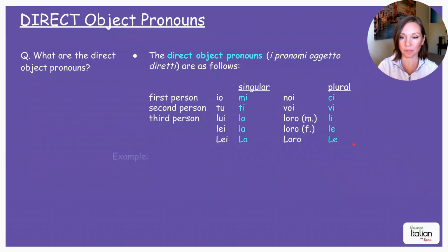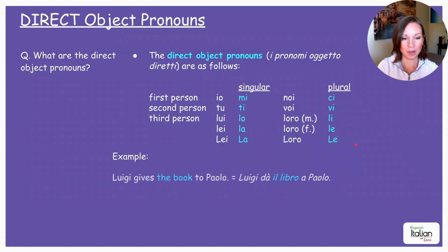Okay, for example, Luigi gives the book to Paolo. We'll stick with our example here going forward. So Luigi dà il libro a Paolo. Luigi gives it to Paolo. Okay. Luigi lo dà a Paolo.